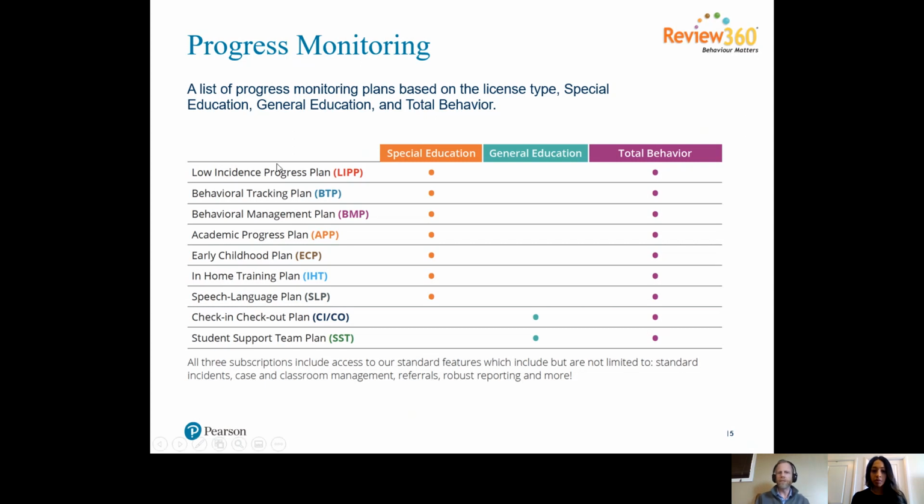And this gives you an idea of some of the progress monitoring plans that can be put in place by either our special educators or even our teachers. And these would include behavioral management plans, behavioral tracking plans, incident progress plans. We can even look at, for special education, speech language plans for SLPs, working with students.